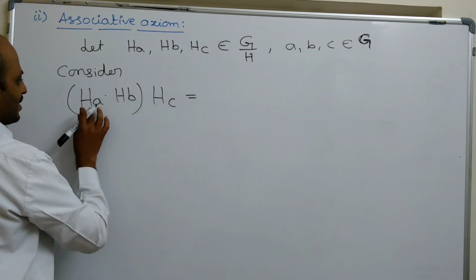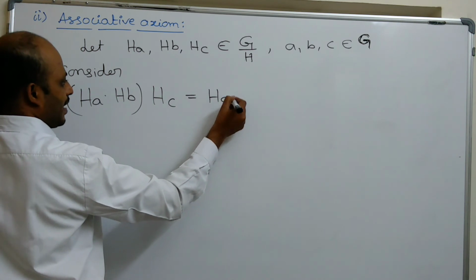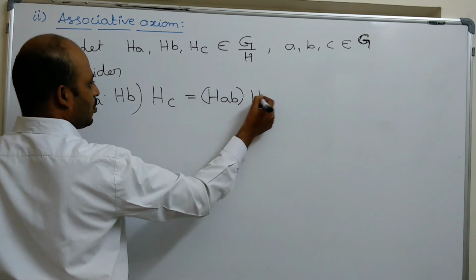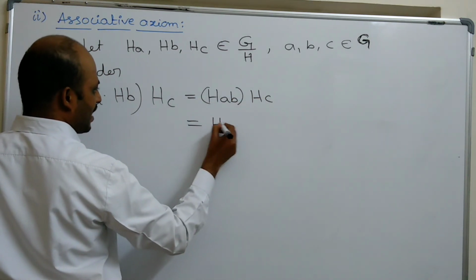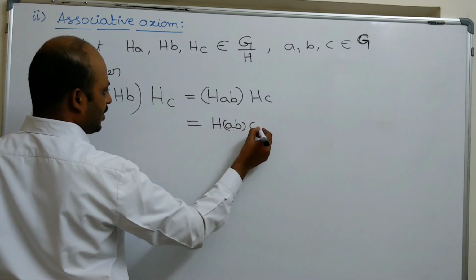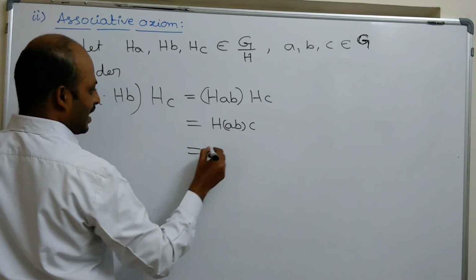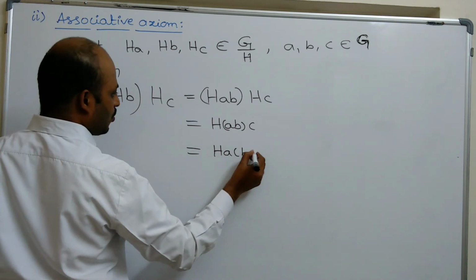It can be written as, by the product, HAB into HC. It can be written as H(AB)C. It can be written as HA(BC).